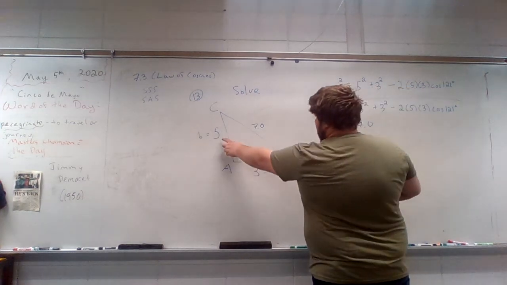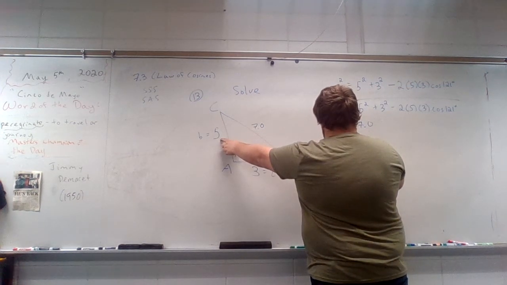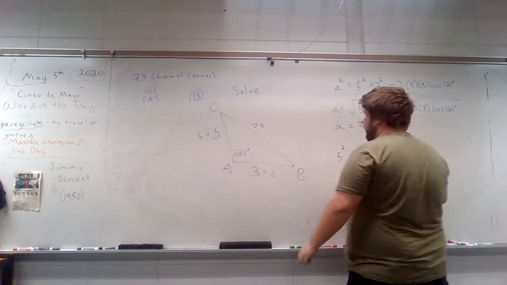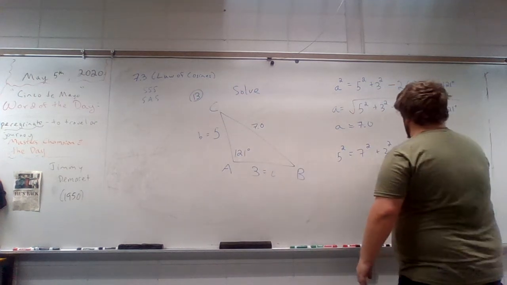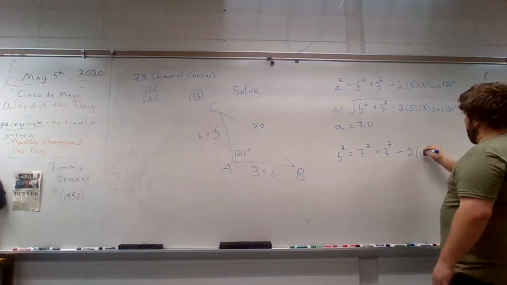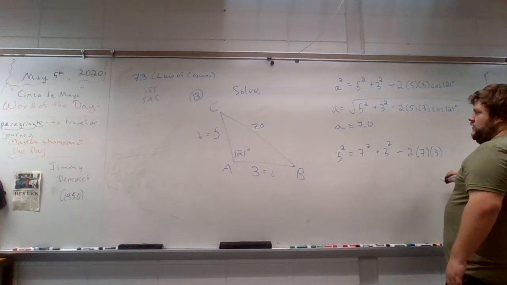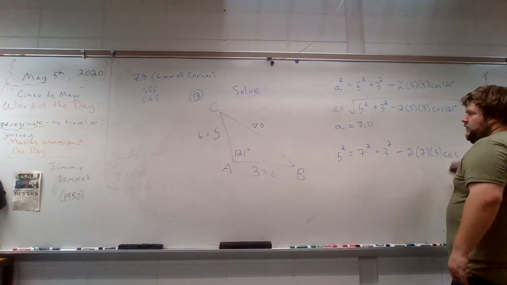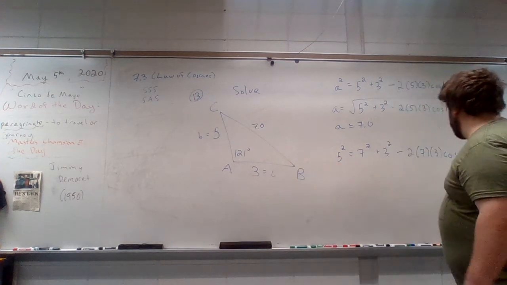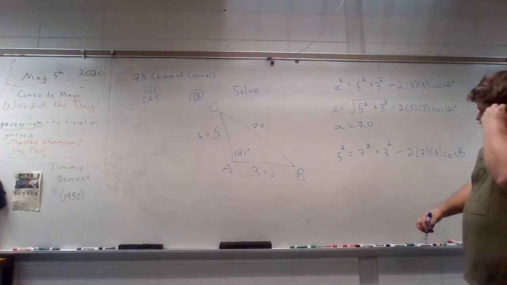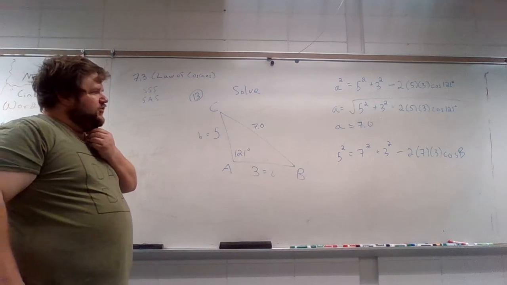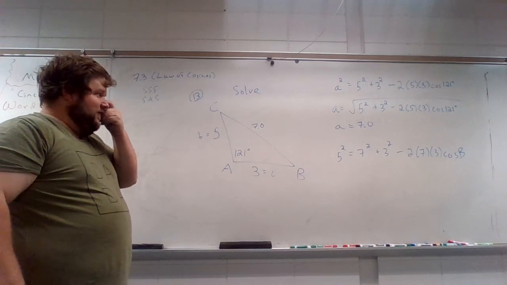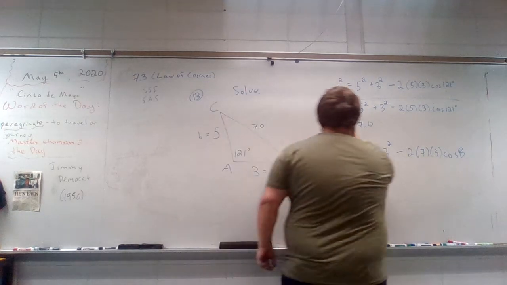So I know that 5 squared is equal to 7 squared plus 3 squared minus 2 times 7 times 3 times the cosine of that angle between 7 and 3, which is B. So I have something like this. Okay, I think I'll show you both ways. I'll show you this way, and then I'll also show you if I use law of sines. So this is finding B here.